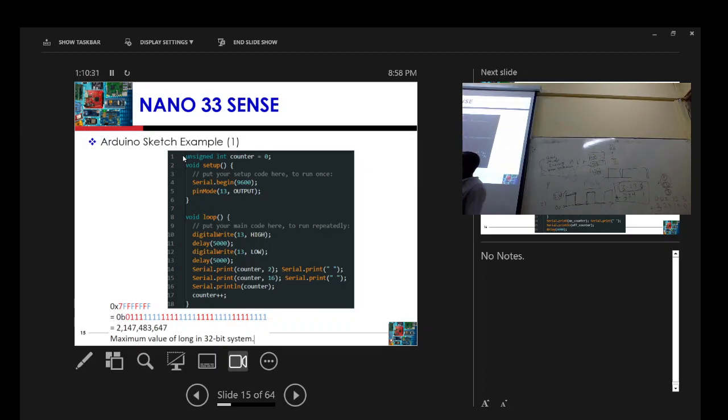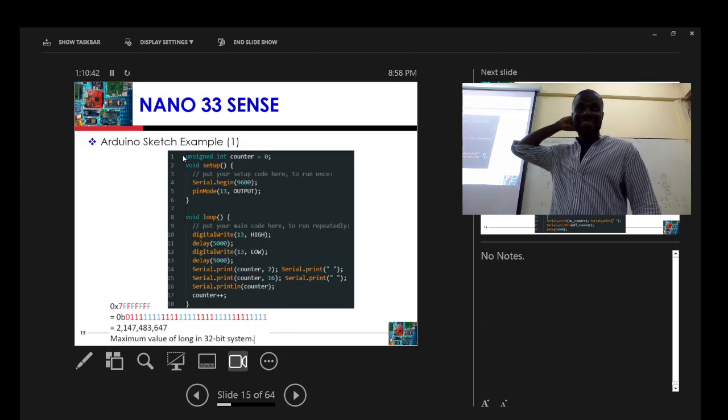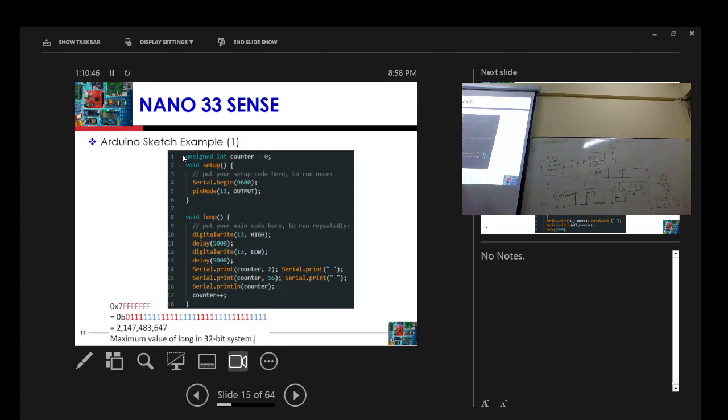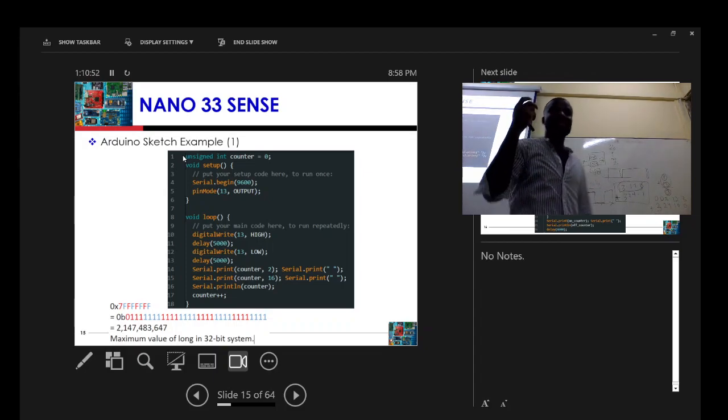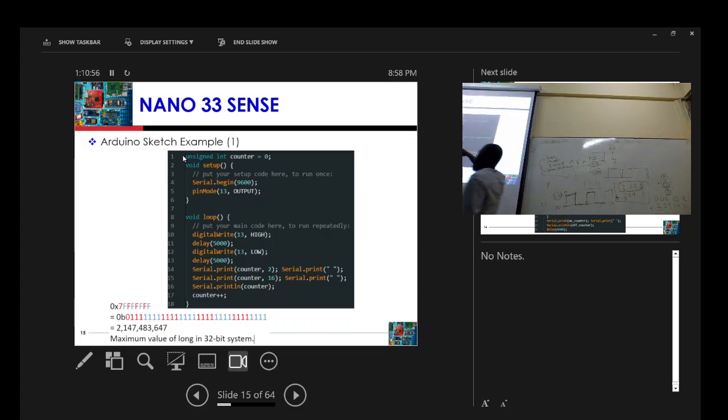We have the setup and then we have the loop. Look, the first line after the setup, what is it called? It's a comment, so it doesn't run anything. So that means we go to the second line. Serial dot begin. What does it do?